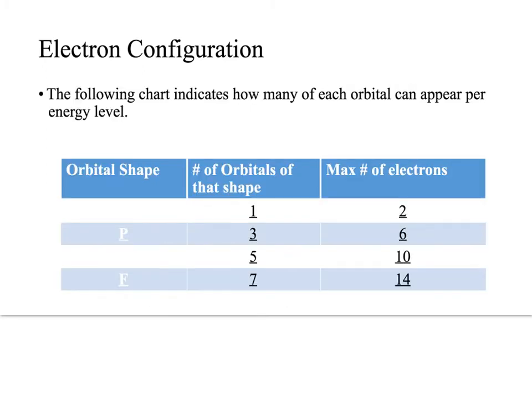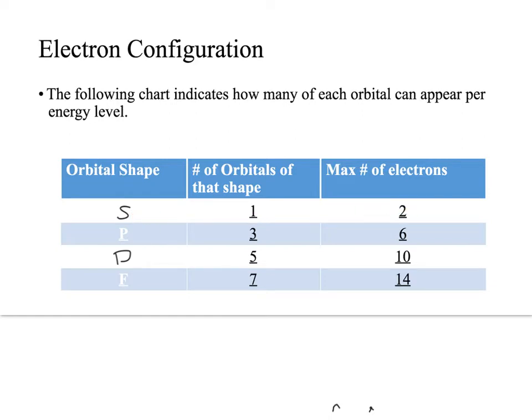Each of those shapes, however, only comes a certain amount per level. For example, every energy level, you can find 1 s orbital and 2 electrons.